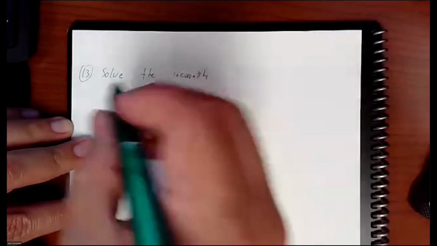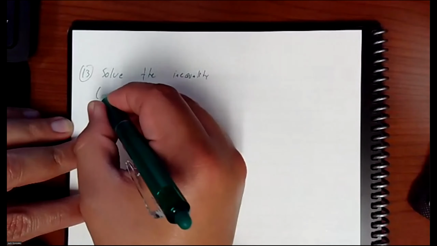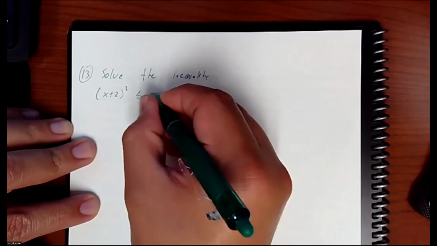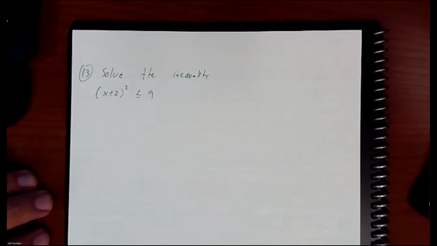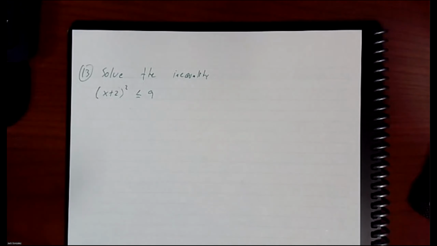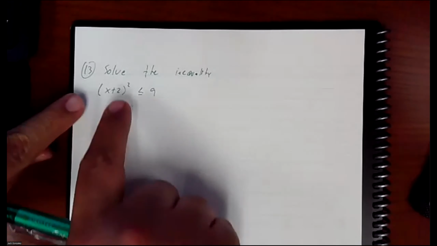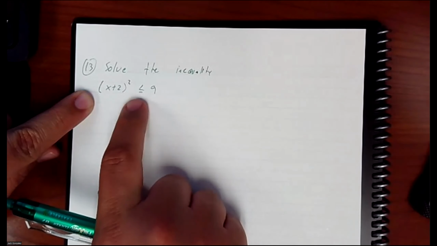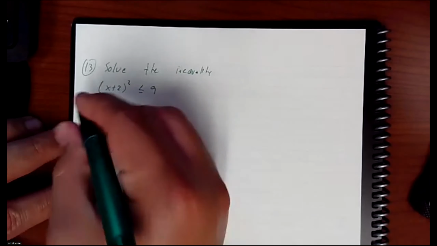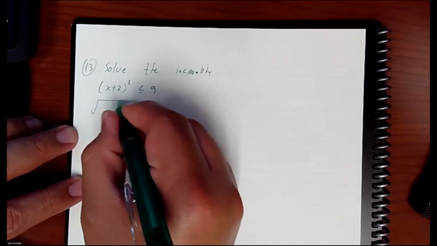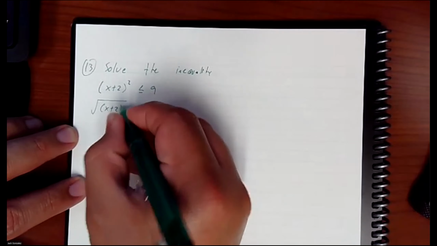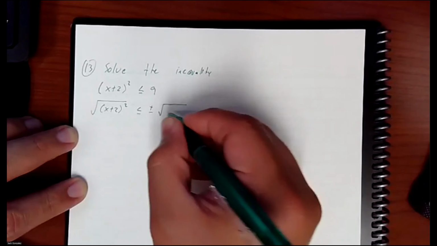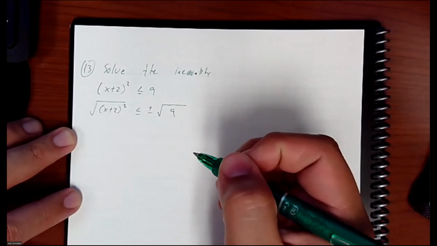Solve the inequality: x plus 2 squared less than or equal to 9. So the idea is factor or square root what you can, and then deal with this inequality. We're going to have to square root both sides here. But when you square root, you have to tack on the plus or minus.